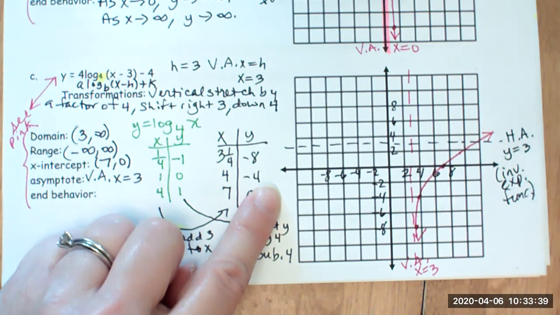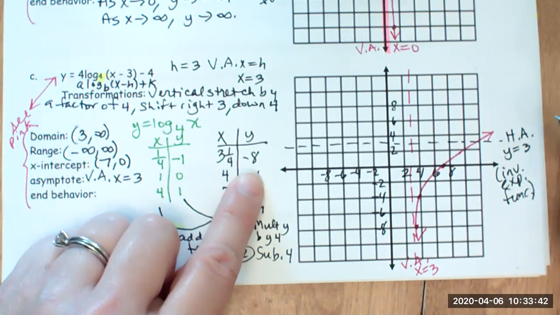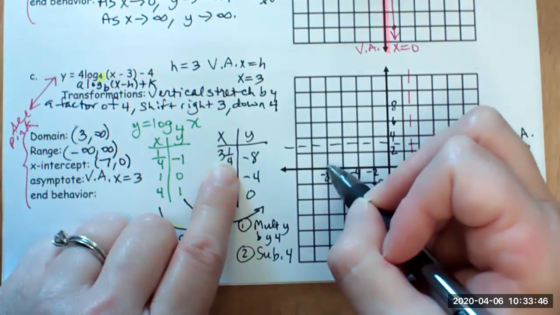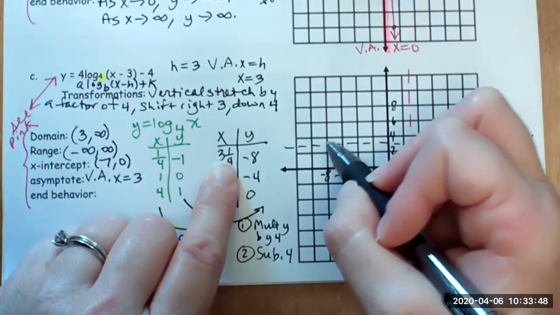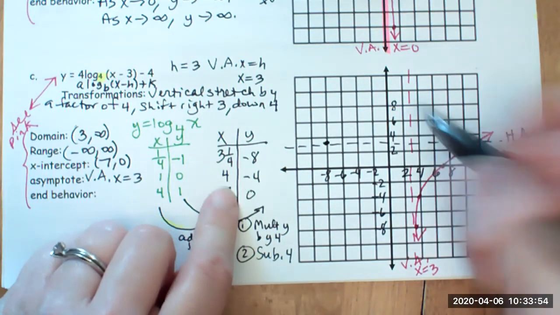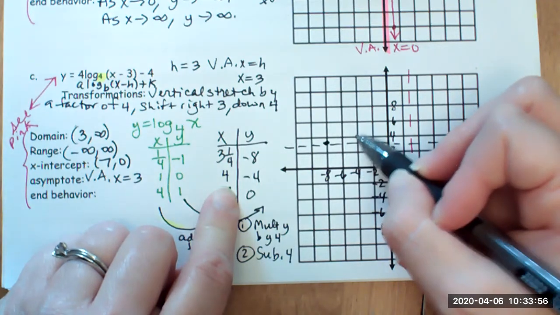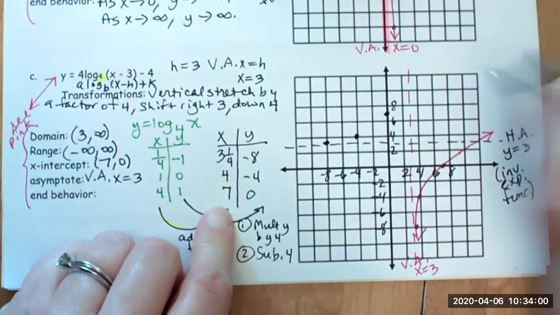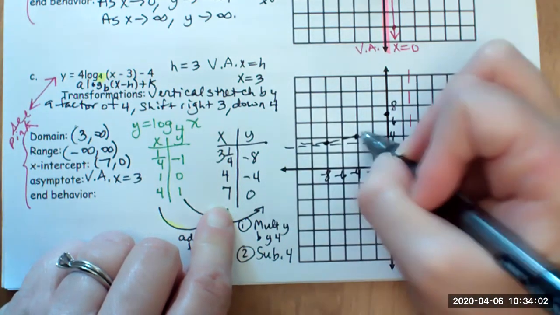Okay. And let's just reverse the xy values. So we have (-8, 3 1/4), just a little bit above that asymptote. And we have (-4, 4). And the y-intercept is at (0, 7). Okay. And then dash that in.